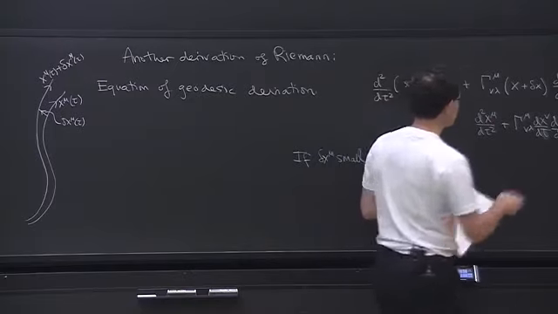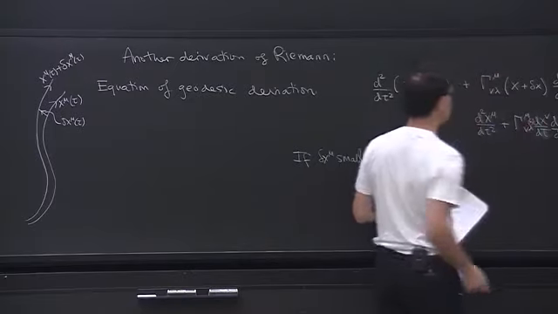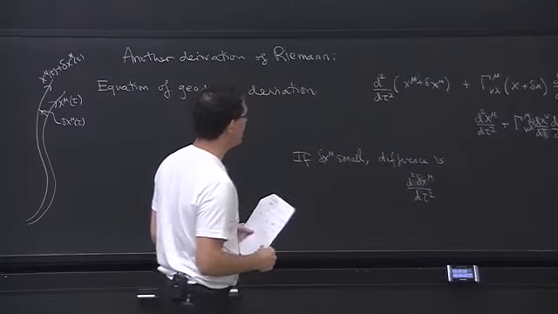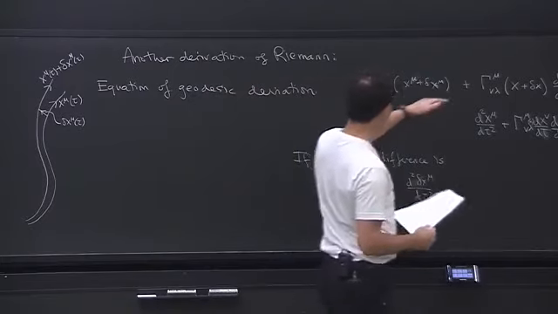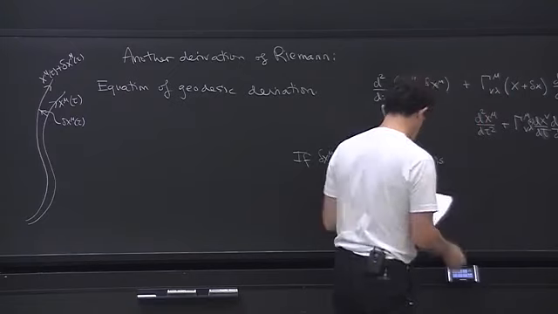This gamma is not the same as that gamma because it's evaluated at a different place. And so all I need to do is to keep the first order term.